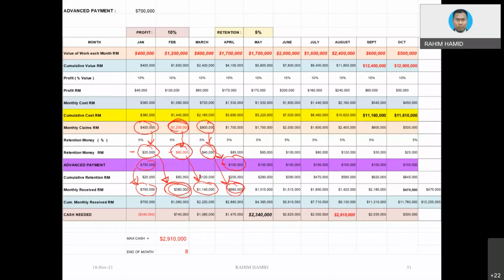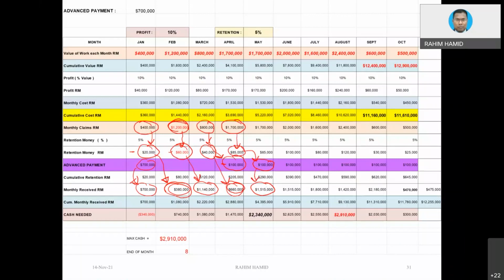Okay, now let's take a look at this value. Where do you get this value from? Okay, you take 1.7 million there. You deduct with this amount, but then you have to deduct with this thing. Then only you are going to get this one.